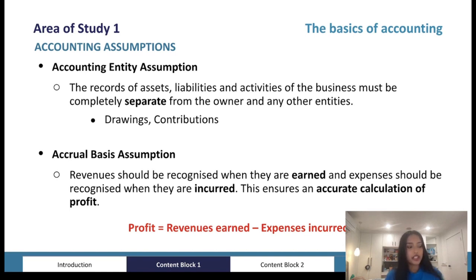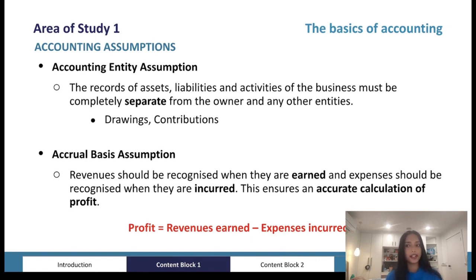The second assumption is the accrual basis assumption, which states that there are three main components. So firstly, all revenues have to be recognized when they are earned. That means that when the sale or whatever type of revenue it is is earned, it needs to be recorded.